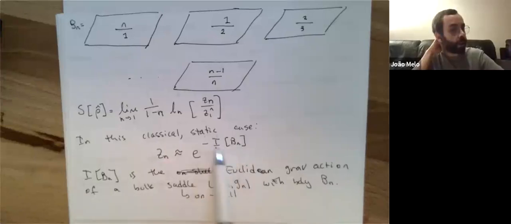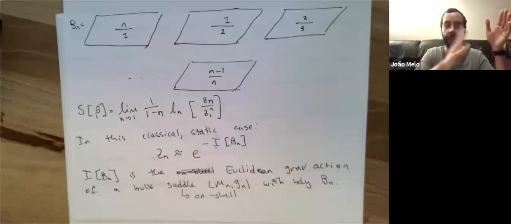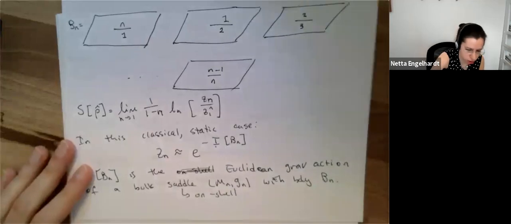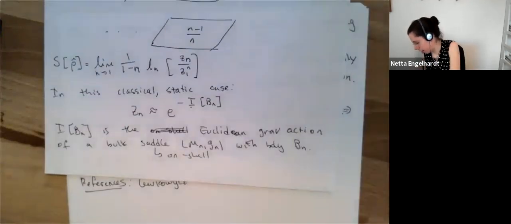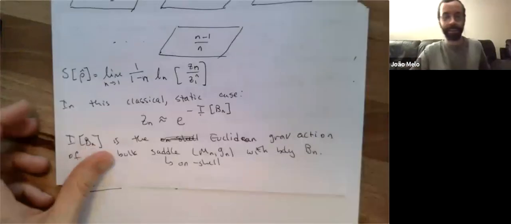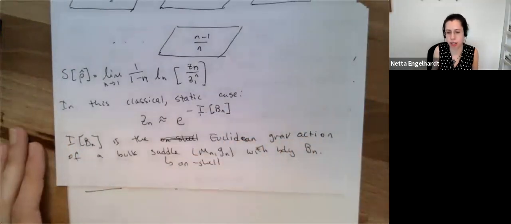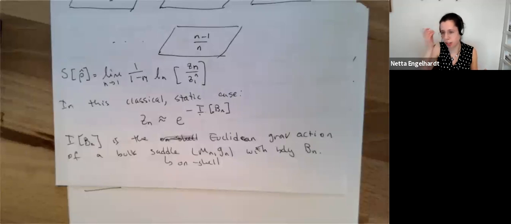I think I was just confused because here it seems like Bn is the data and then you have the bulk action, but then at some point you switch to Mn. Oh, I think I used poor notation. Yes, this is poor notation. Here I mean the Euclidean gravitational action with boundary conditions Bn.